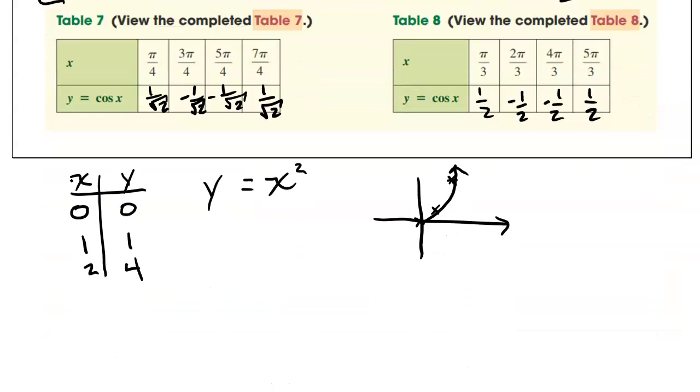Let me scroll down and I'll rewrite those values, but this time I'll write them as xy coordinates. So for an input of 0 degrees or 0 radians, you get 1 as the output.